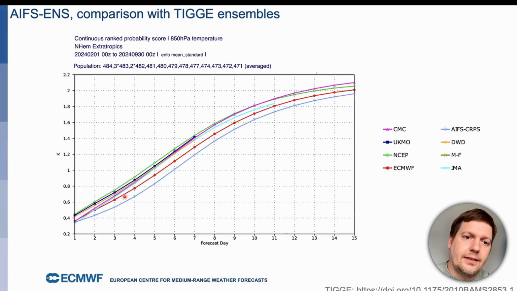You can see in red the IFS ensemble, which traditionally is a very strong system. But if we plot the AIFS ensemble, you can really see that this is a further step change from that. A very skillful system. What's shown here is the continuous ranked probability score for 850 hectopascal temperature.